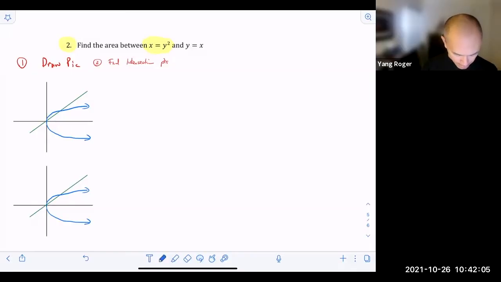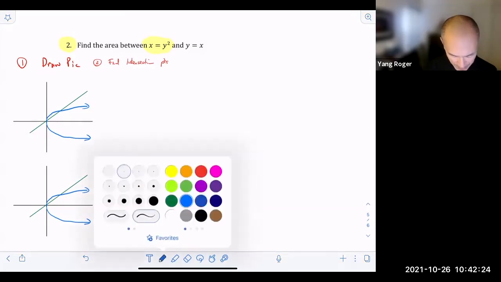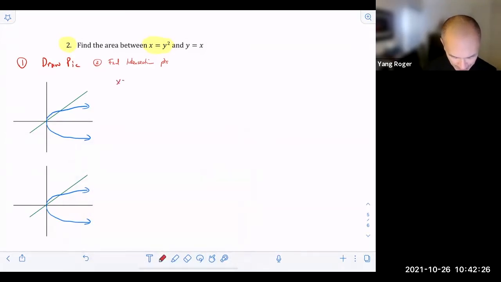All right. So let me find these intersection points first. You really want to make sure that your function is written with the same independent variable. So if I have something like x equal to y squared, and I want to do it as a top-bottom integral, I need to write everything in terms of x.